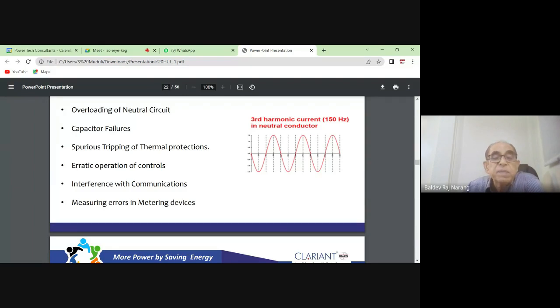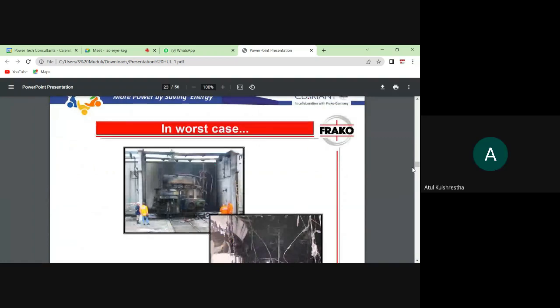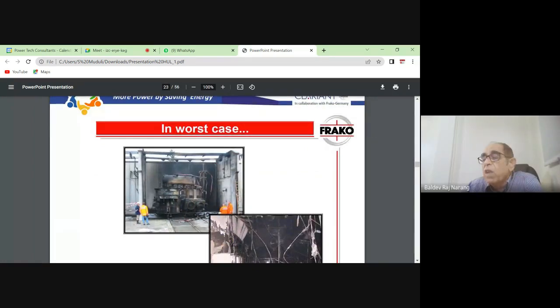So let's go to the next one. Here we have shown the worst case scenario. There could be a major accident, a fire or explosion, if the harmonics are not taken care of. Normal harmonics are okay.